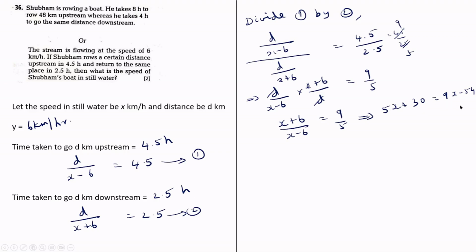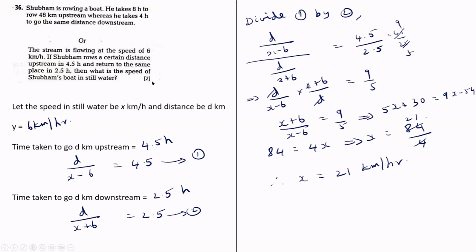So here let us transpose this minus 54 to the other side. So we will get 84 equal to 9x minus 5x, which is 4x. From this we get x is equal to 84 by 4. It is 21. Therefore, x is equal to 21 km per hour.